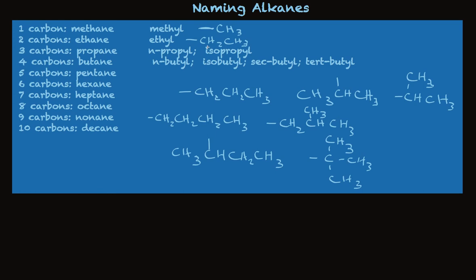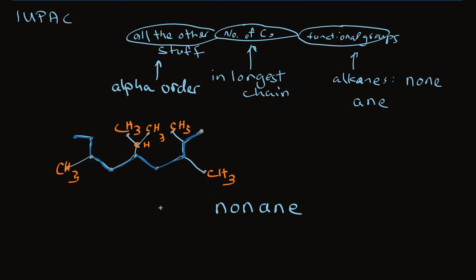I comes before M, so we're going to put the isopropyl group first and the methyl group next. So the methyl group will come afterwards. Let me write it in here. And before that, isopropyl. Now, we haven't said yet that there are 3 methyl groups, but there are. So we better put trimethyl here. Tri meaning 3.